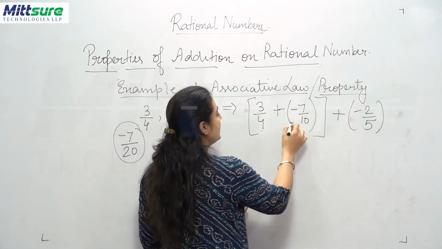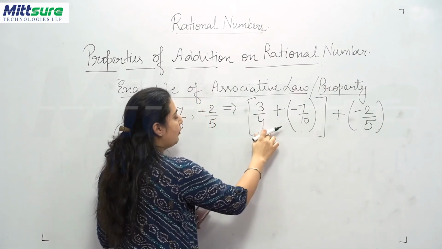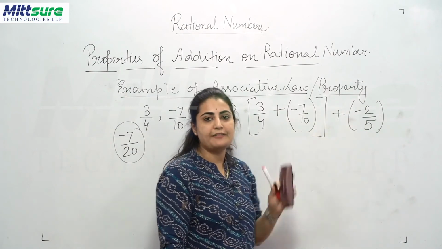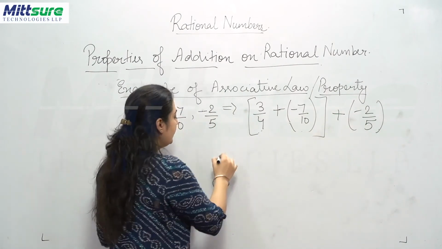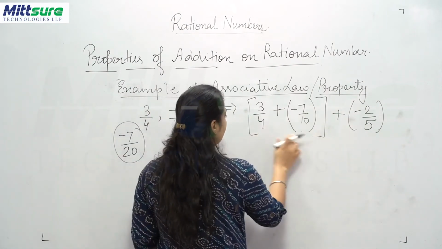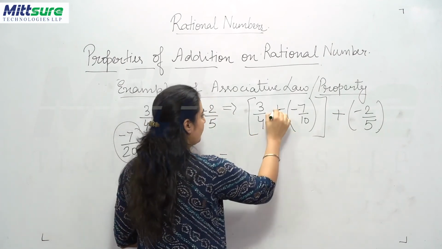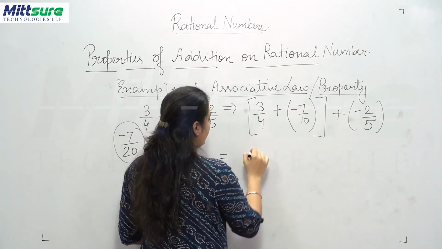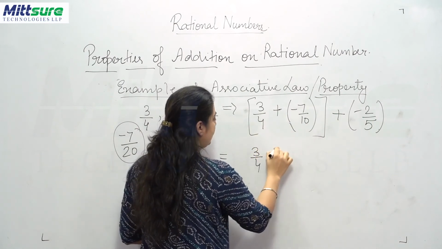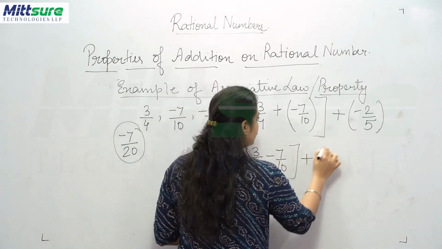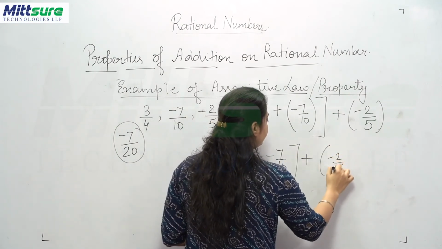Now, the association is between 3 upon 4 and minus 7 upon 10, and minus 2 upon 5 has been left alone. Now, let's solve. We will solve the bracket. 3 upon 4 minus 7 upon 10 plus minus 2 upon 5.